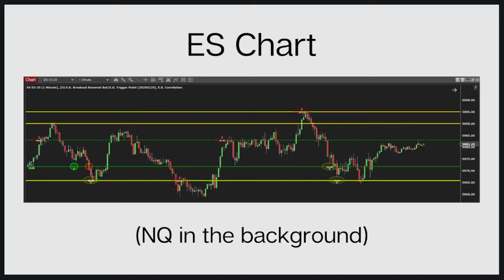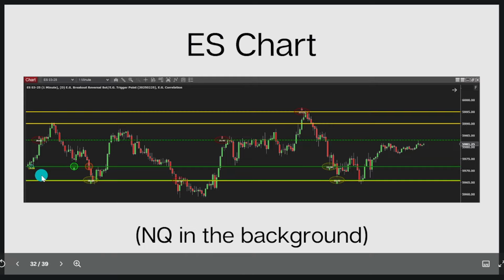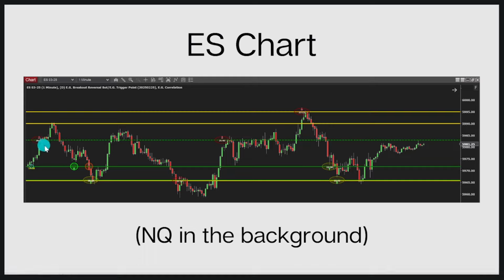So this is the ES chart, and NQ is running in the background. So the EG correlation produces signals for you while analyzing, in this case, the NQ futures in the background. So you could see beautiful, of course, there are also false signals, but overall we identified beautiful opportunities.